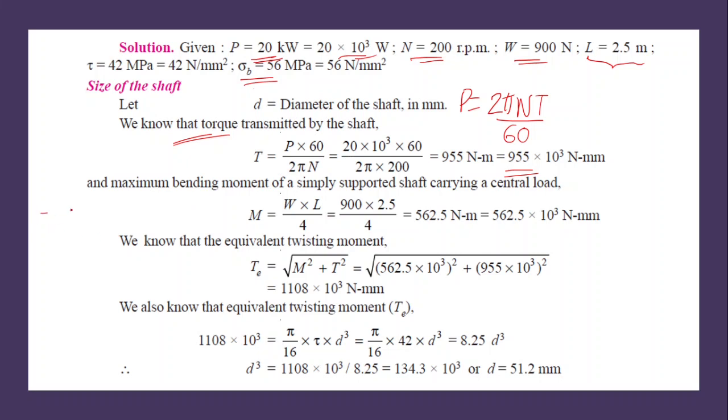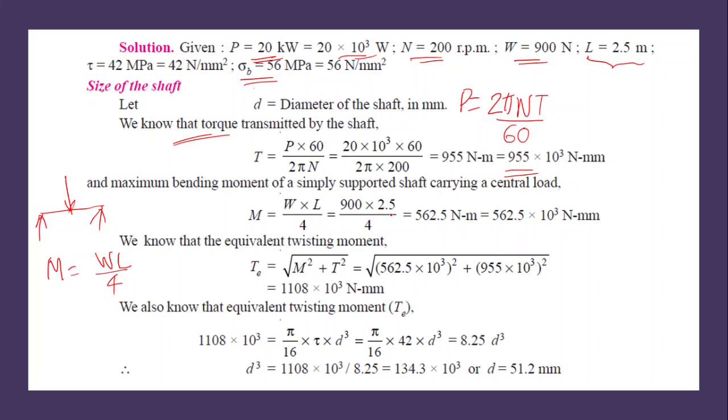When we have a simply supported beam and a concentrated load acting at the middle of the shaft, then the maximum bending moment is at this particular portion, and that bending moment is equal to WL by 4, that is W into L by 4.